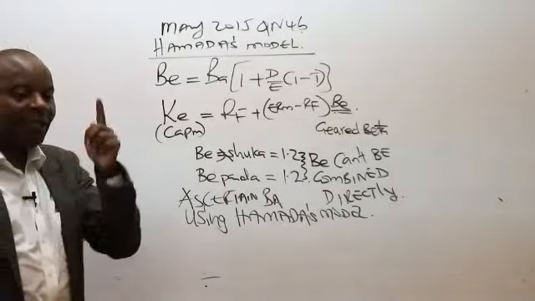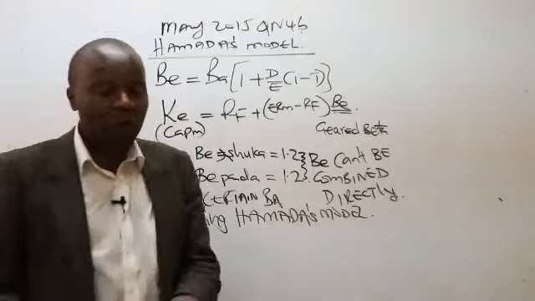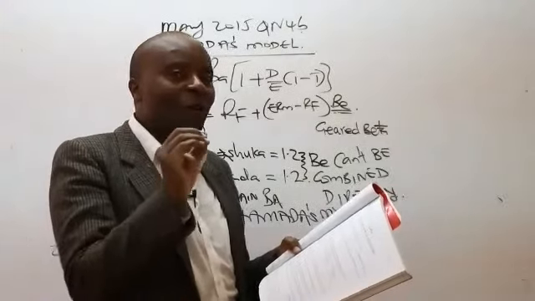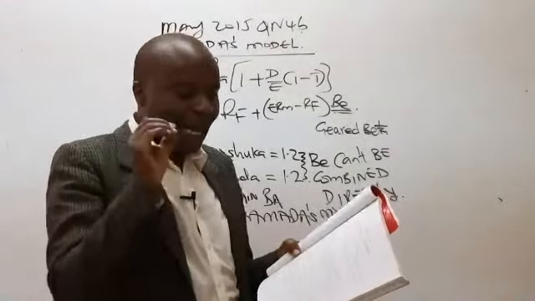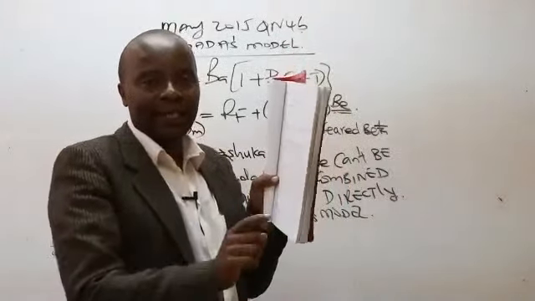But this examiner was extremely a good examiner. He knew that very many students would not be in a position of ascertaining beta assets for each company. So he went ahead and gave us beta assets.